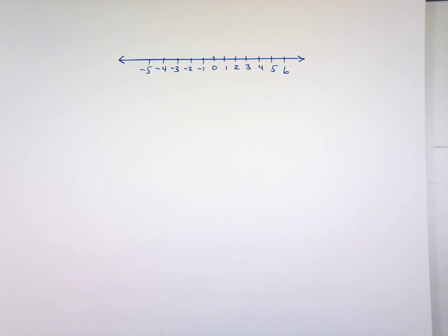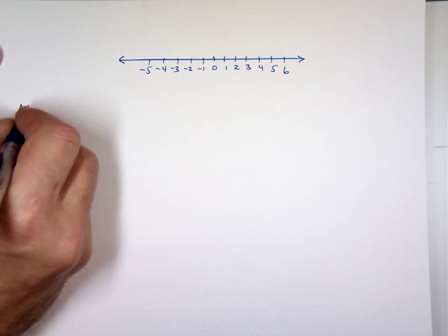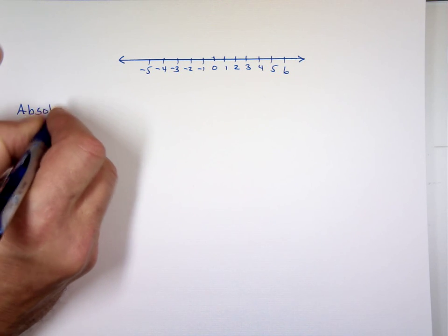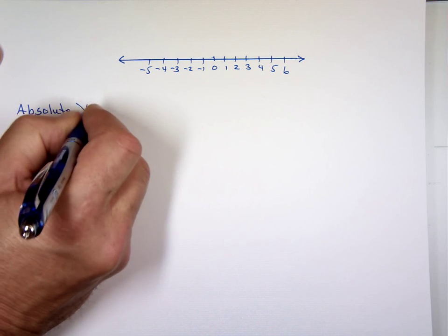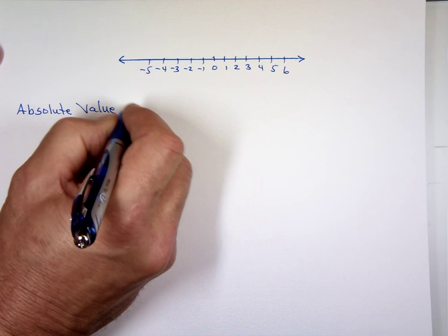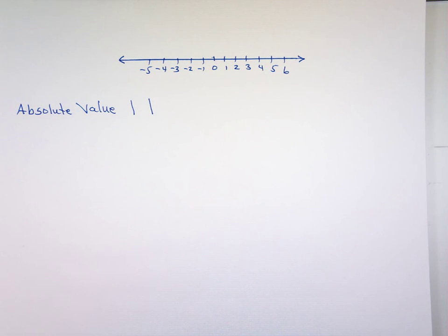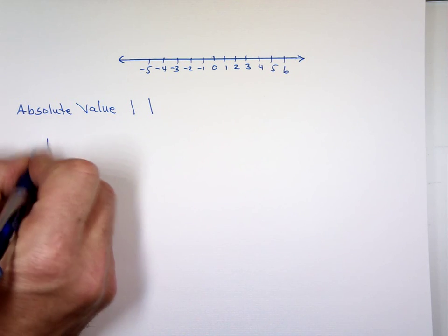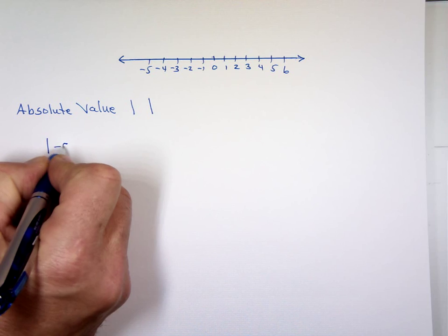Let's talk about the absolute value. Usually the absolute value is given like this, 2 lines straight up. That's the symbol for it. So when I say, what's the absolute value of -5?